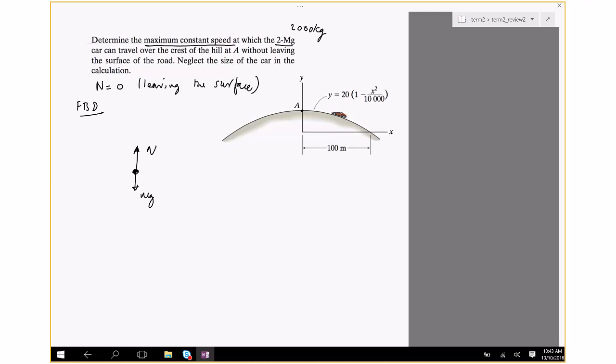We have a bunch of choices now. We can use r theta coordinates, nt coordinates, or Cartesian coordinates. 3 options. Which one should we use?